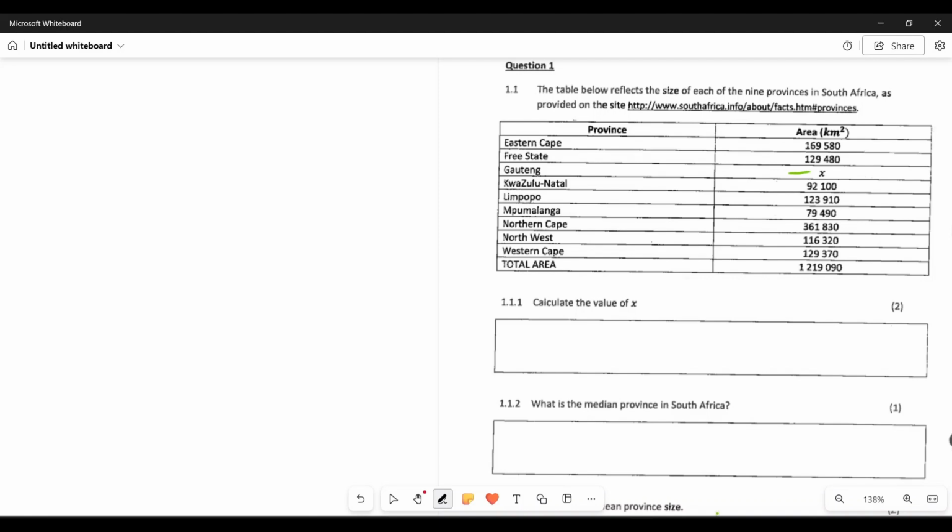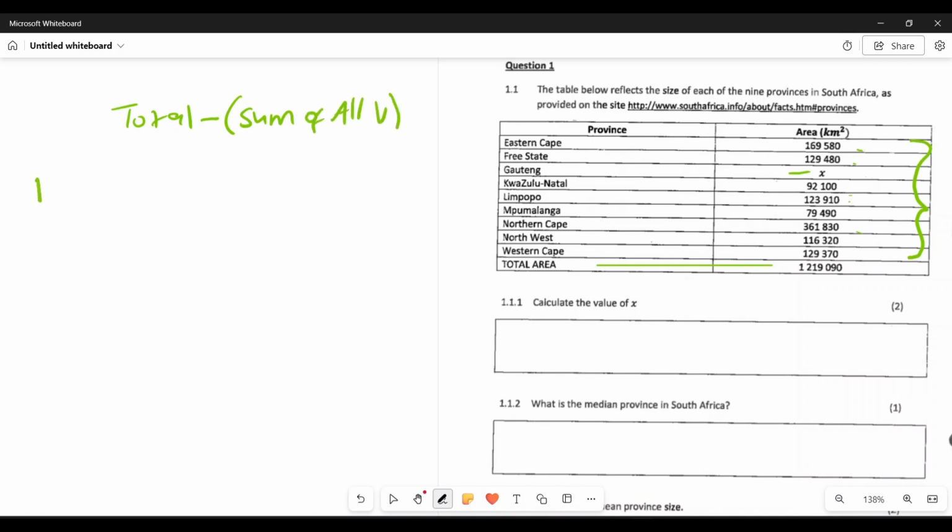Now, how are you going to go about calculating your X? These are the areas for your provinces, and if you note here, we're given the total area. So to calculate your value of X, you would add all these numerical values, and after adding them, you take your total and subtract the sum of all your numerical values.